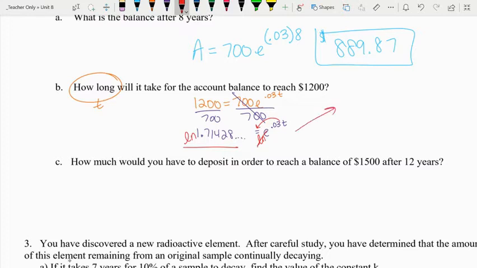So we now have 0.53899 equals 0.03t. Then all I have to do is divide by 0.03. When you do that, you end up with the answer of 17.96655.